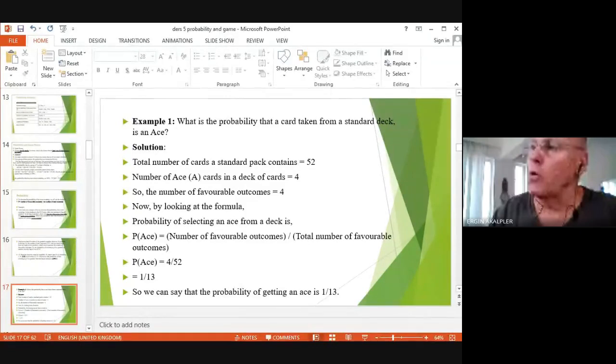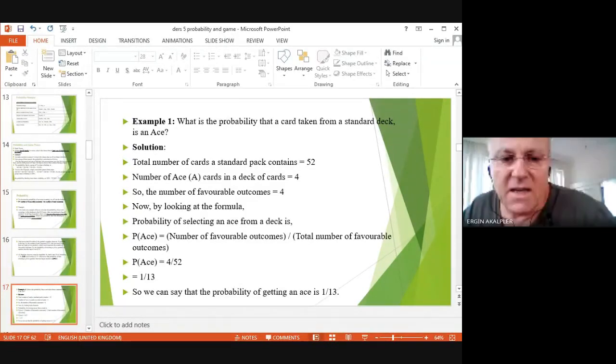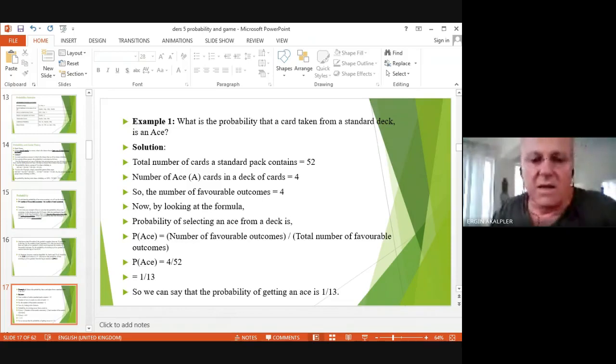From this direction, the formula that we are going to use again is the favorable outcomes divided by the total number of outcomes, in order to calculate the probability of the given example.